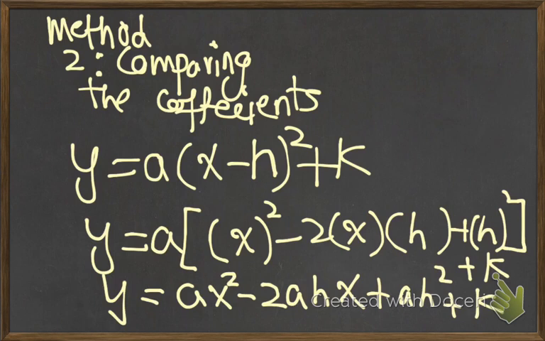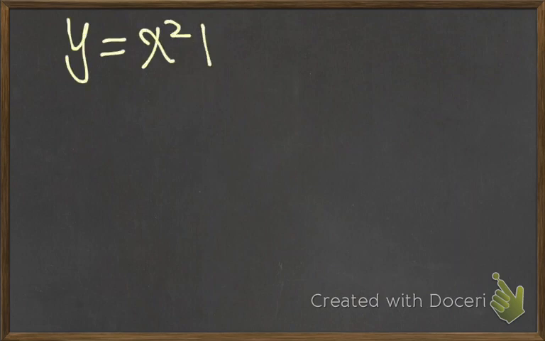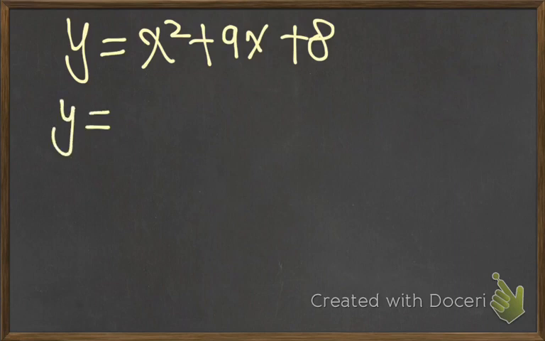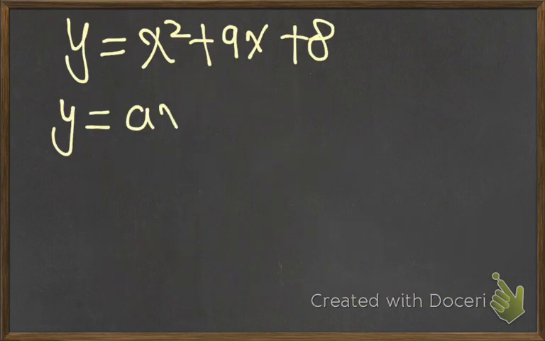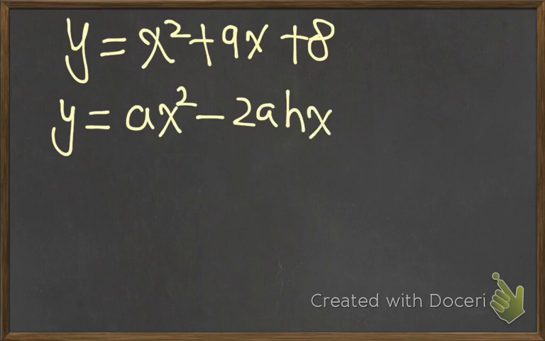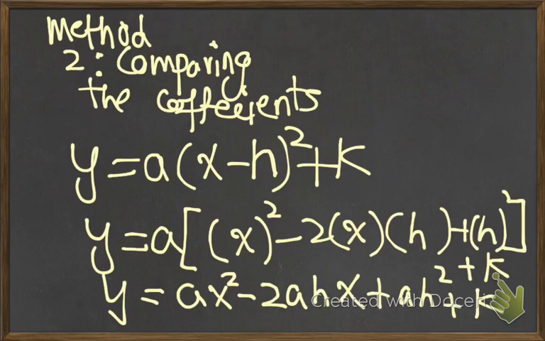So let's take a look at the same example which we did earlier, which was y is equal to x squared plus 9x plus 8. We will obtain the turning point of the graph through this method, which is comparing the coefficients. As we have found, if you expand the completing square form, you will get y is equal to ax squared minus 2ahx plus ah squared plus k.